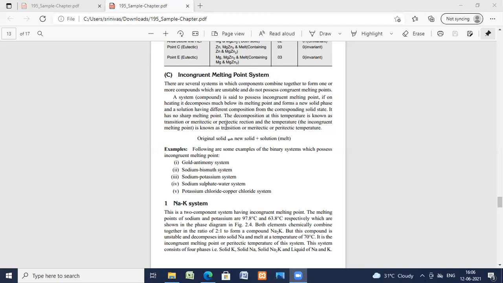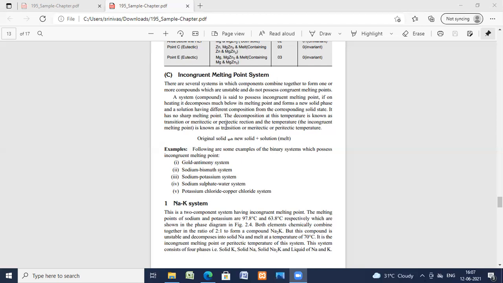And the third one is where the two components are immiscible. Two components completely miscible, two components partially miscible, two components immiscible. Based on the nature of the solid phases that separate during cooling, the system is divided into three types.